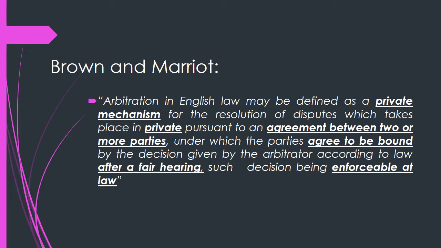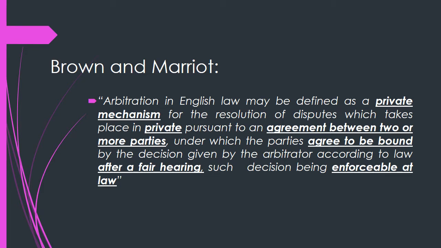What I've tried to do in this lesson is that for each definition, we will be highlighting some of the features of arbitration which the definitions make mention of. That's the whole part of what our analysis is about. So let's look now at Brown and Marriott.